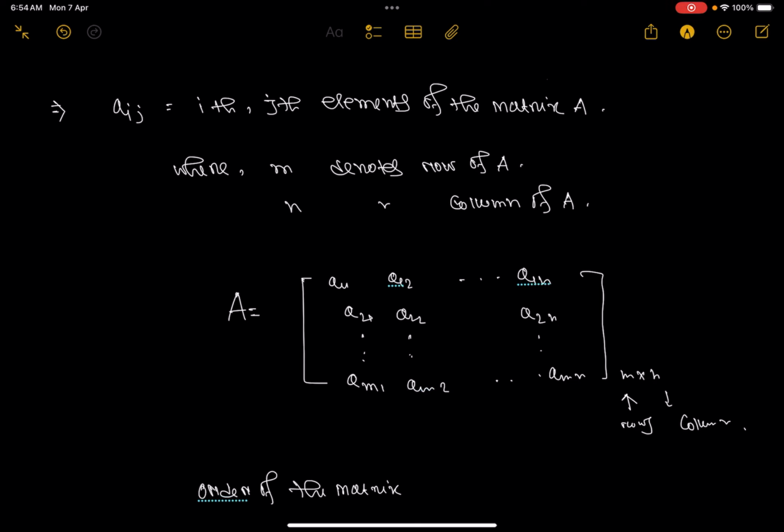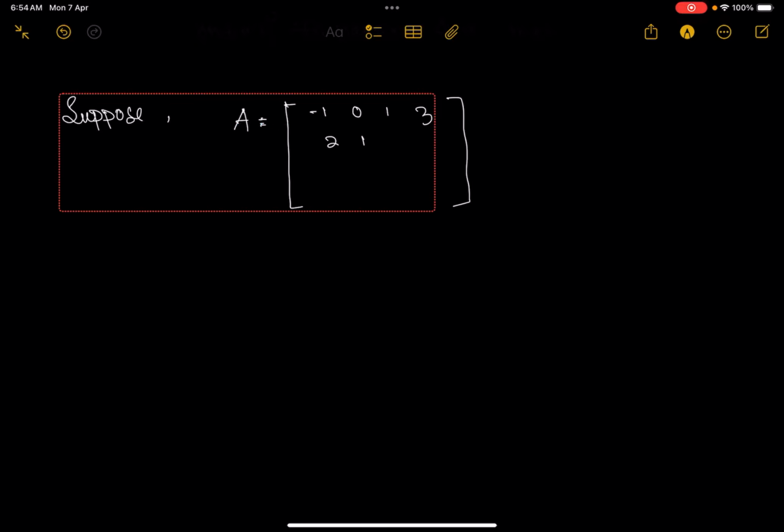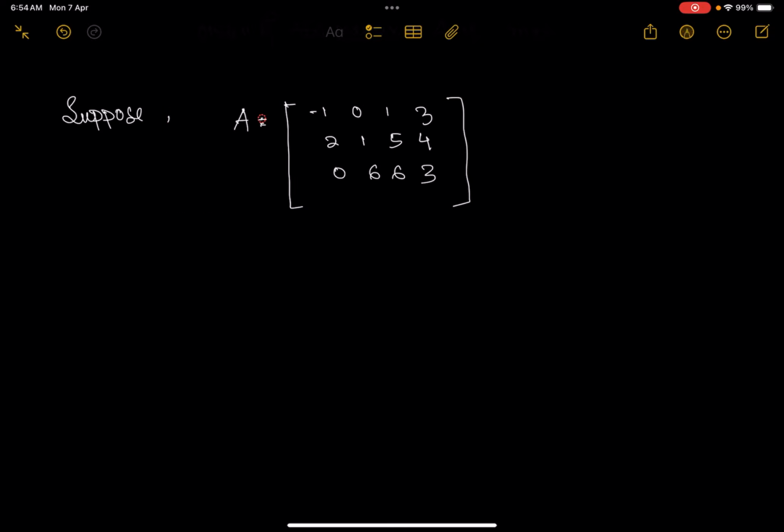matrix A is M cross N. Suppose we consider a matrix A which is filled with 1 0 1 3 2 1 5 4 0 6 6 3.